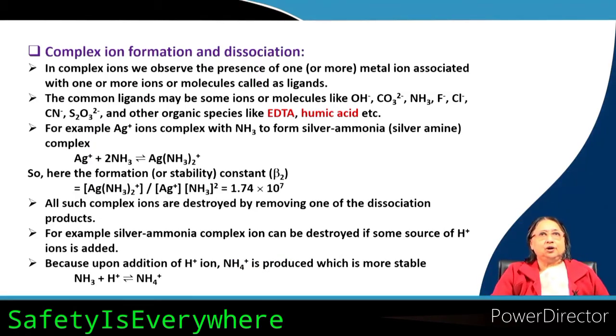Now, complex ion formation and dissociation. It is also very important to know about complex ions: if a complex ion is formed, how we should write it and what we should consider.